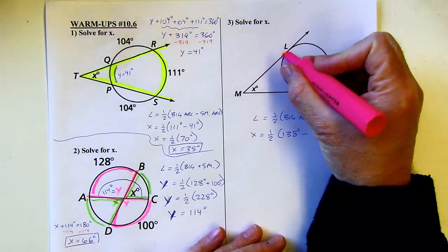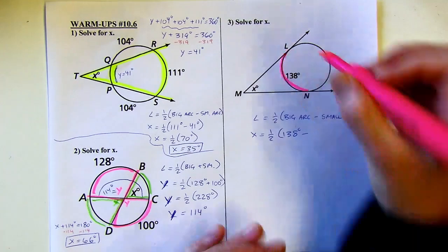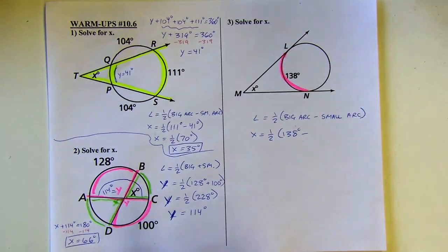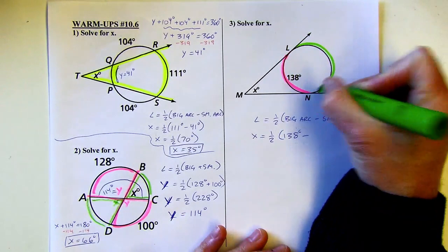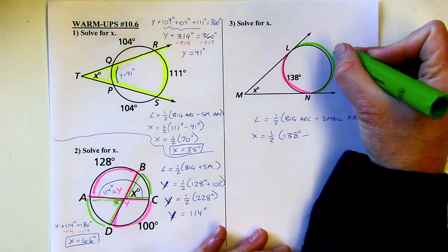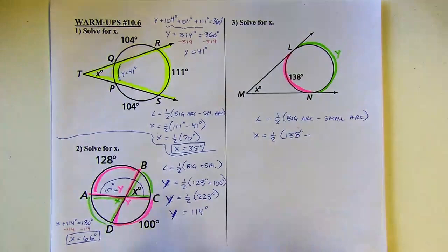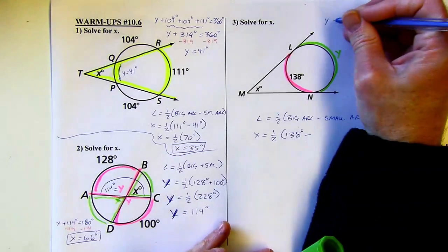But that's okay, we can find it because, hey, I've got 138 degrees right there. And I've got, I don't know how many degrees right here. Let's call this y. But hey, I can solve for y because y plus 138 is going to be 360.